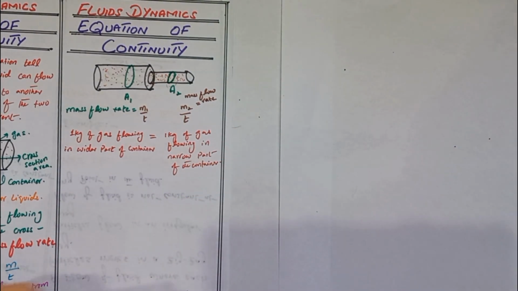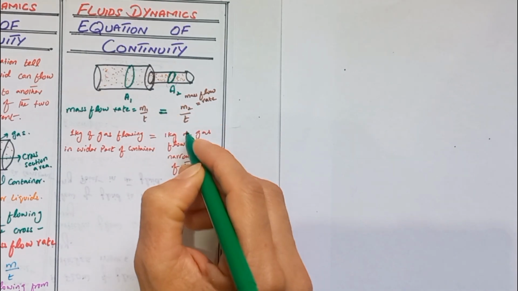So here we can say that the mass flow rate in the first container is equal to the mass flow rate in the second container.